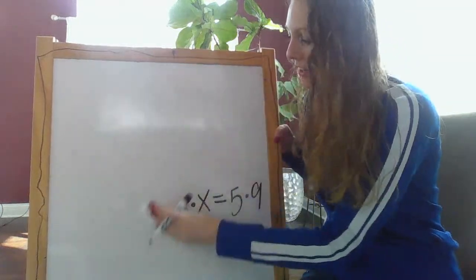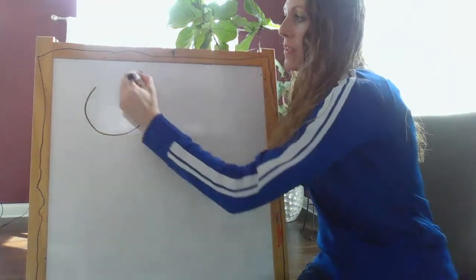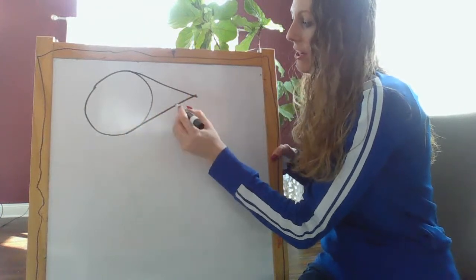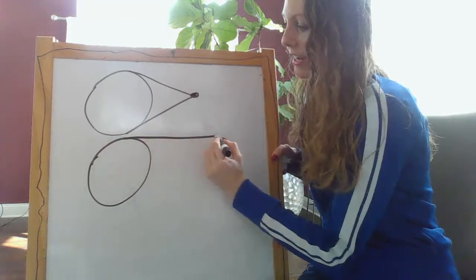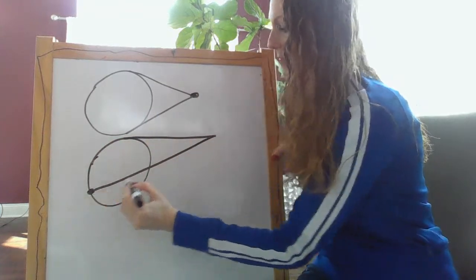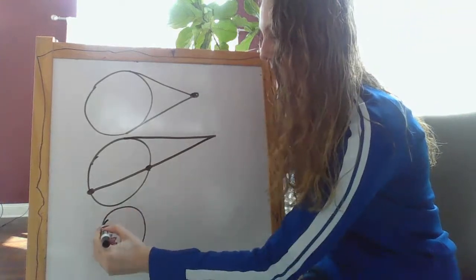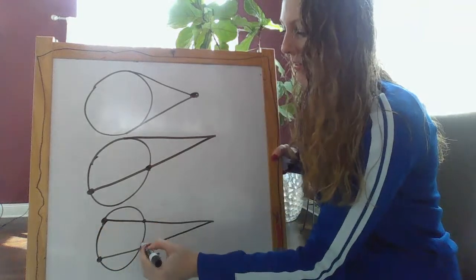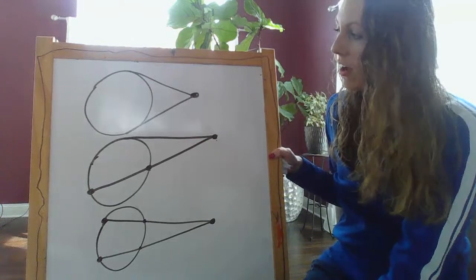Now for all of the other cases, whether that be tangent, tangent secant, or secant, I think those are all of our cases where our vertex is on the outside.